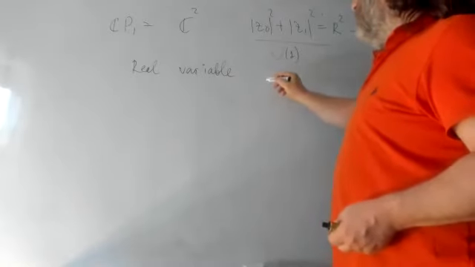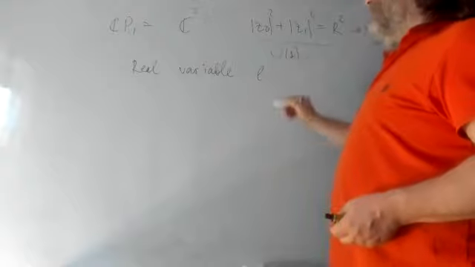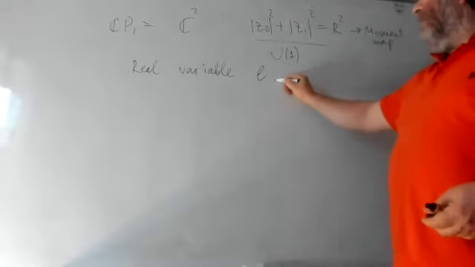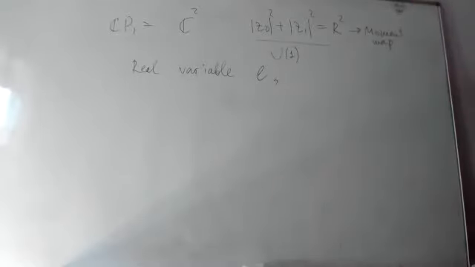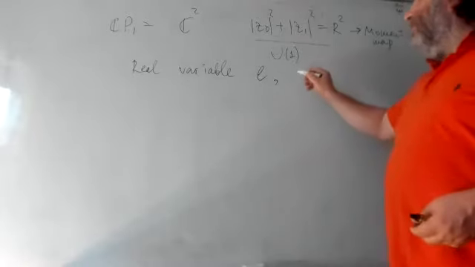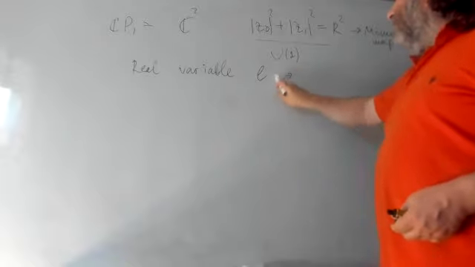Okay, I'll call it L because of Lagrange. And I hope there will be no mixture between lambda that are weights and lambda that are fermions. That is even.